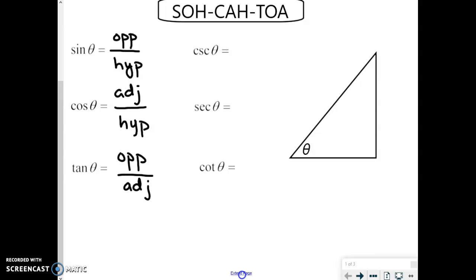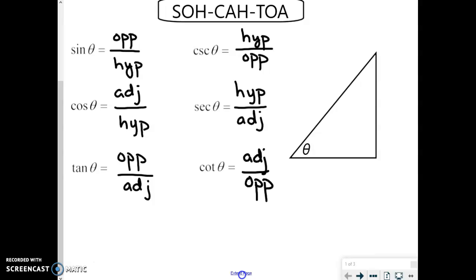The cosecant is the reciprocal of the sine, so that would be the hypotenuse over the opposite. The secant is the reciprocal of the cosine, so that would be the hypotenuse over the adjacent. And the cotangent is the reciprocal of the tangent, so it would be the adjacent over the opposite.